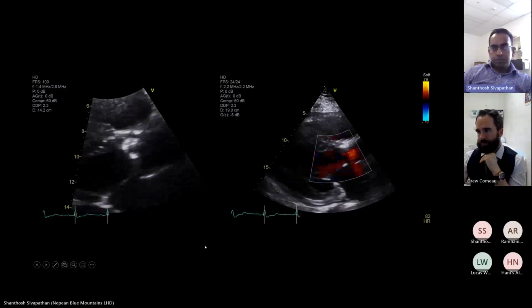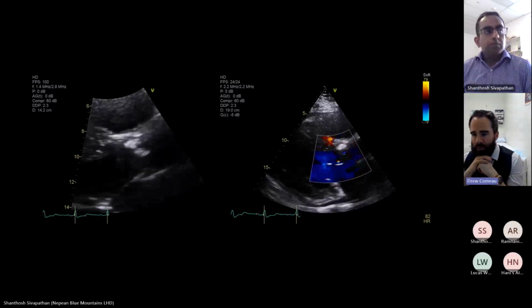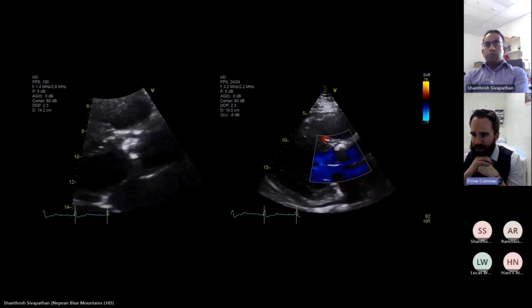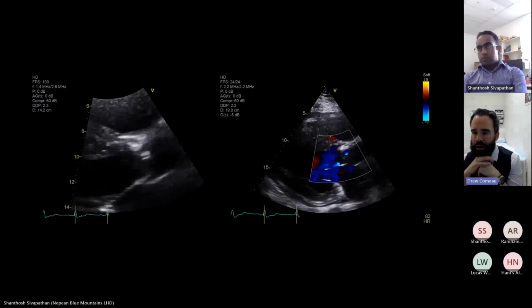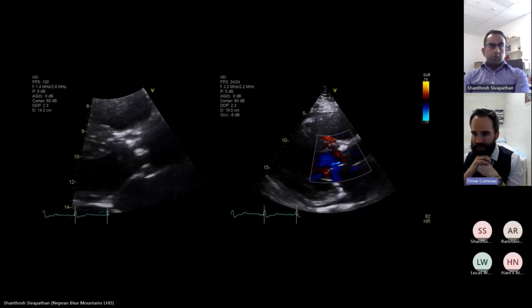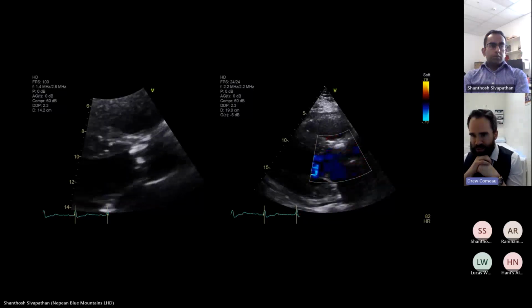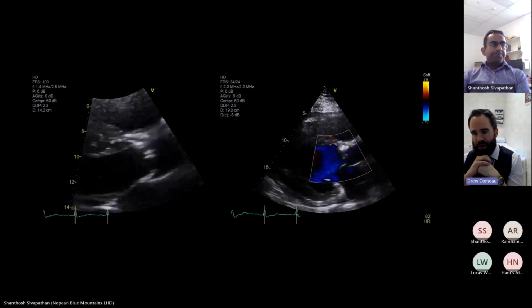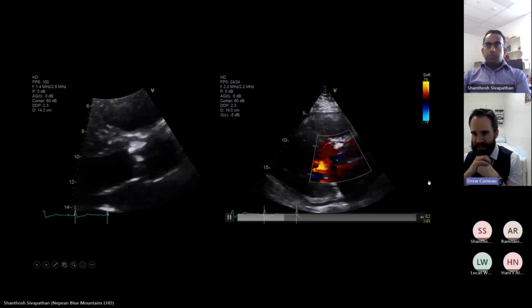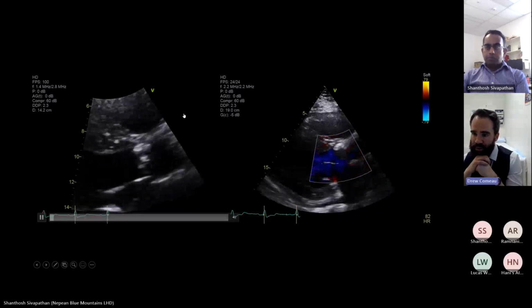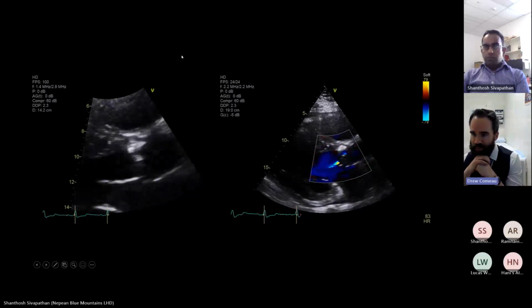Anything with this one, Drew? Yep, so this is a zoomed in view of the aortic valve. On the left is just 2D and on the right is color. On the left, you can appreciate the thickening of the right coronary cusp, particularly at the insertion of the leaflet. The excursion, as previously discussed, is reduced. The aortic root doesn't look dilated, which is a key point in a bicuspid aortic valve.